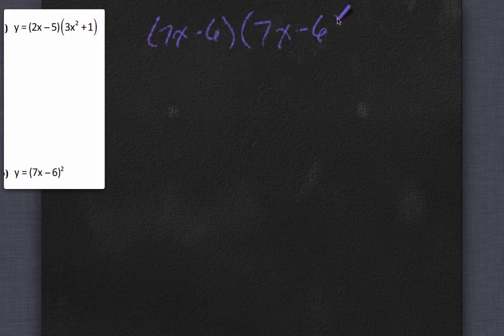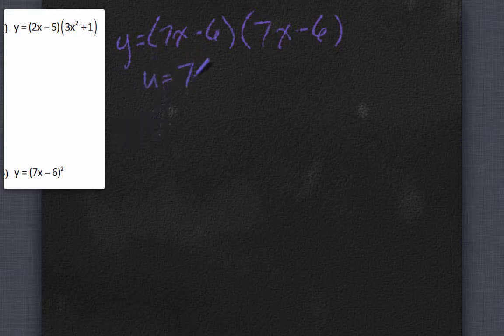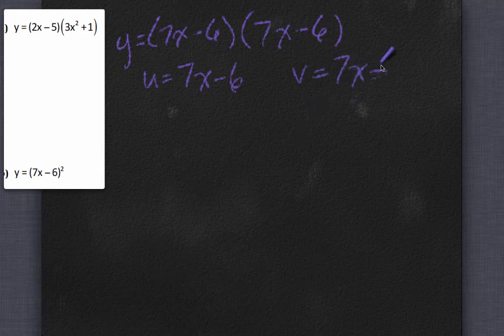On this one, right now it doesn't look like a product, but because it's squared, I can pull it apart. We have 7x minus 6 times 7x minus 6. So u is 7x minus 6, and v is 7x minus 6.